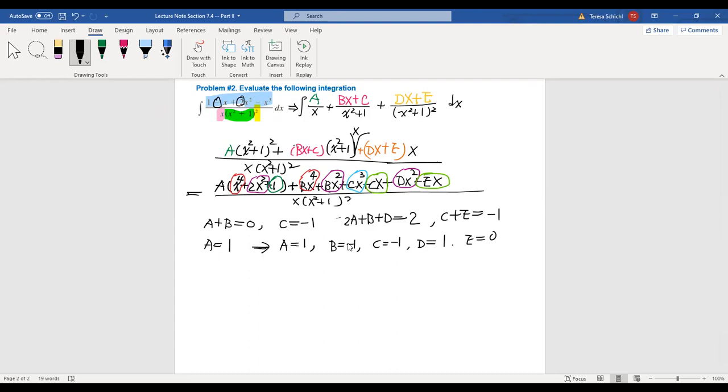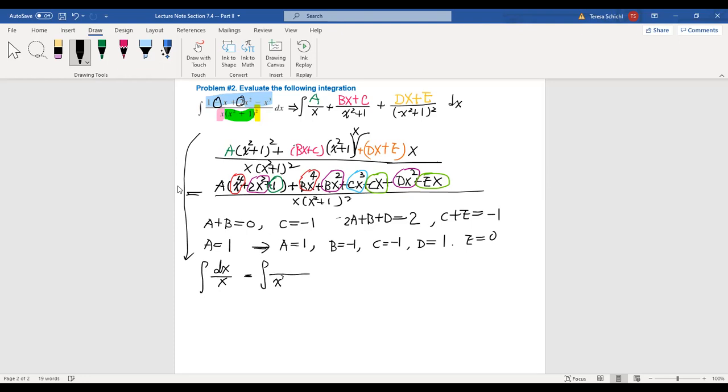All right, so now let's try to put it back. Okay, so here, this will be a, so a is equal to 1. So it's 1 over x dx. This one is not bad. Then the next term is bx plus c. b and c are both negative, so I can put a negative sign here.